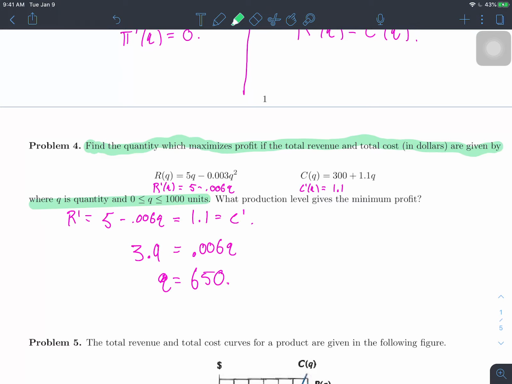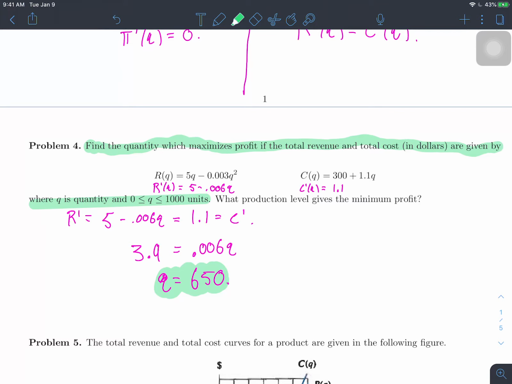So our problem here is to find a global maximum and a global minimum on an interval. There's a few places where I might hope to find the global maximum and global minimum. One of them is going to be this point here that causes pi prime of q to be equal to 0.